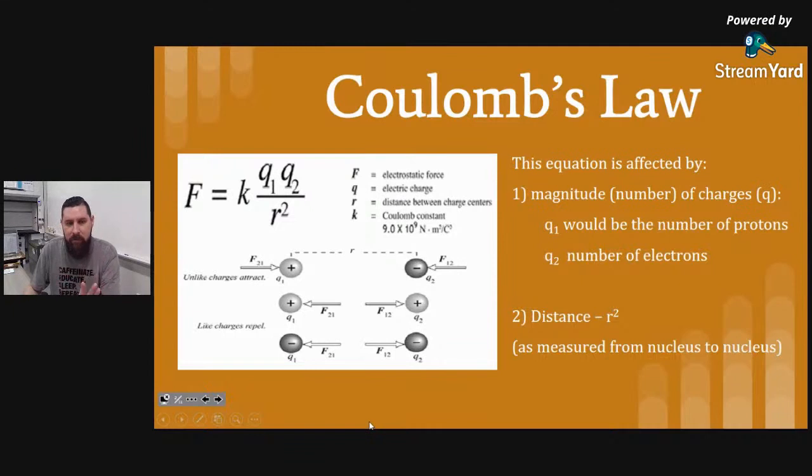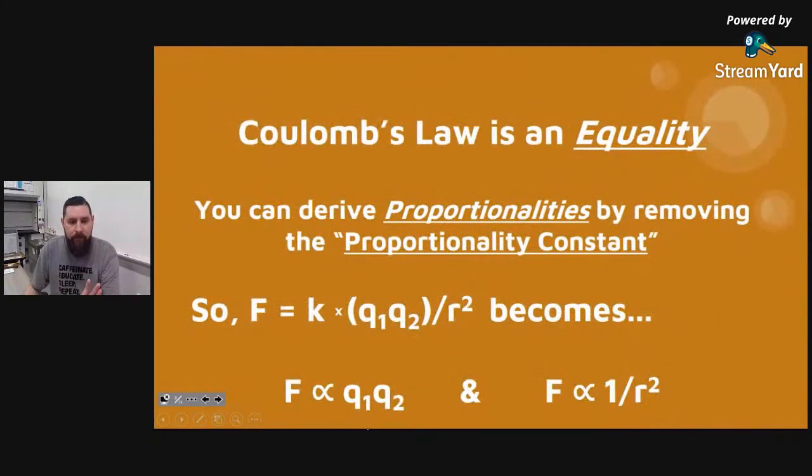So in this Coulomb's law, one of the things that many students don't recognize is that this is what we refer to as an equality. We've got an equal sign in there, and that value of K, that proportionality constant, is what allows it to be the equality. It's what makes the entire equation work. Well, you can derive proportionalities by removing that proportionality constant.